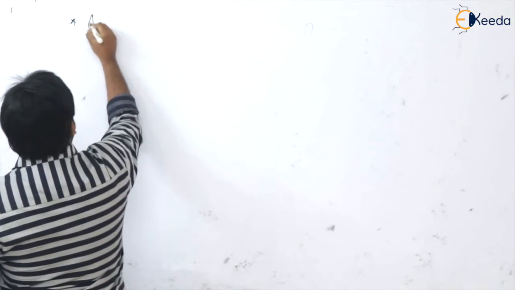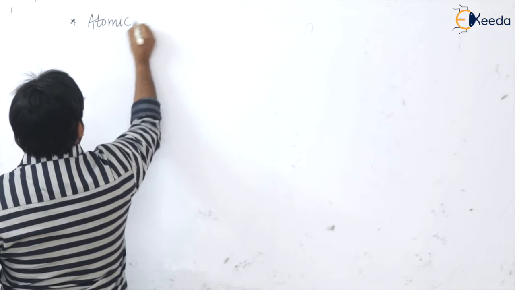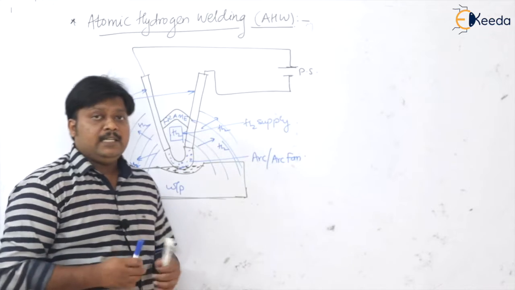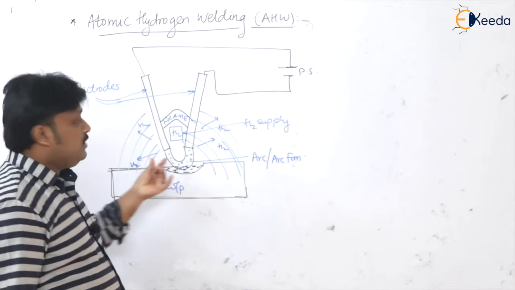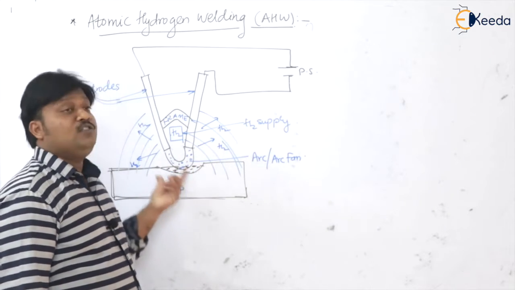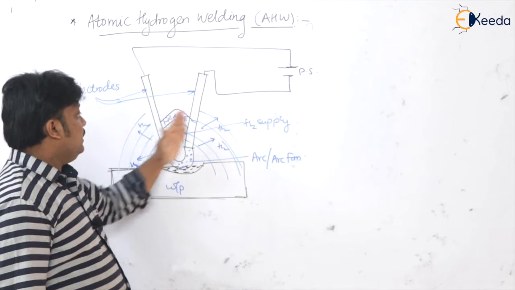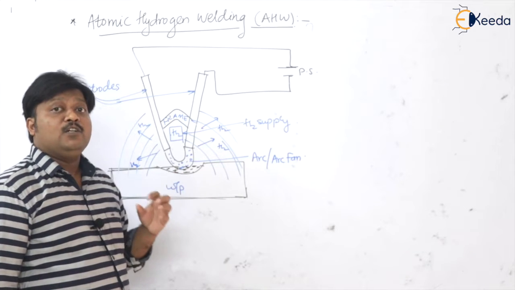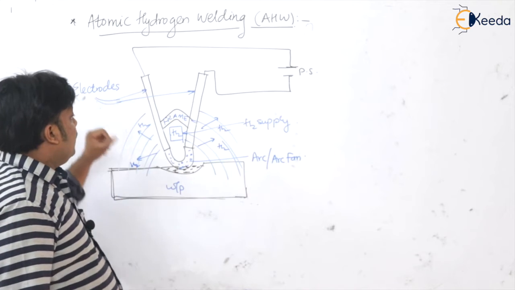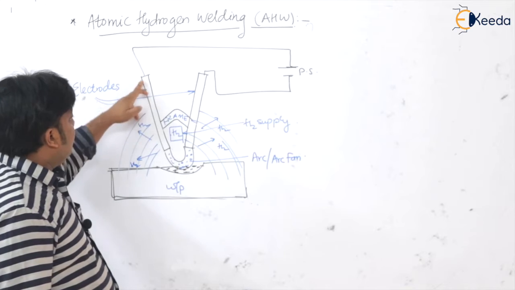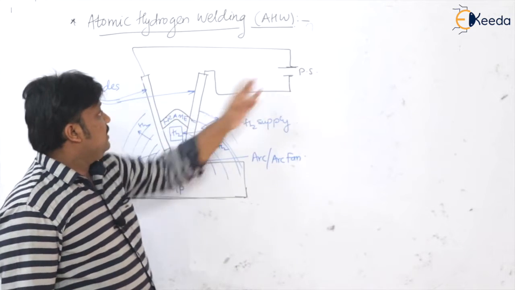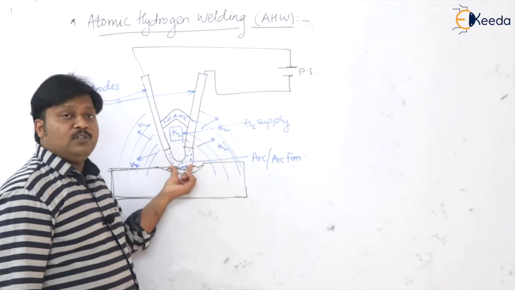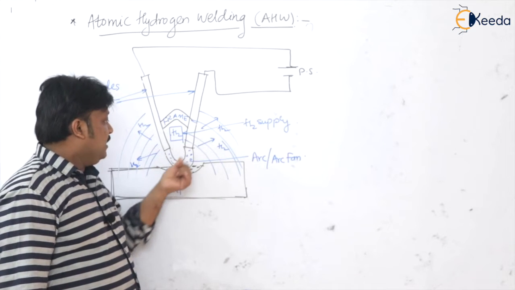See here, in atomic hydrogen welding, we again use non-consumable electrodes. Tungsten is the electrode here, two tungsten electrodes which are non-consumable. When the power supply is given to these tungsten electrodes, an arc is generated at the tip of the electrodes.